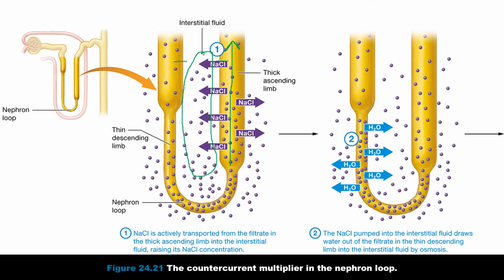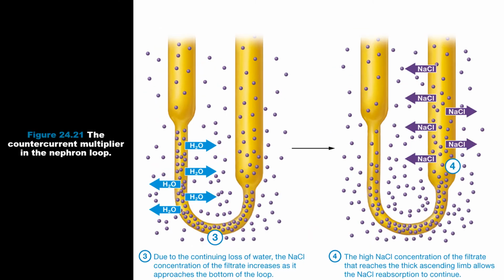So as this sodium chloride is pumped out in the ascending limb, it's going to be pumped into that interstitial fluid, and the high sodium chloride concentration in here now draws out extra water in this thin descending limb. So extra water is going to be pulled out here, and it's going to really, really concentrate the filtrate. And you see here, it's going to get super, super concentrated. The sodium chloride concentration gets ultra high down here at the bottom of the loop.